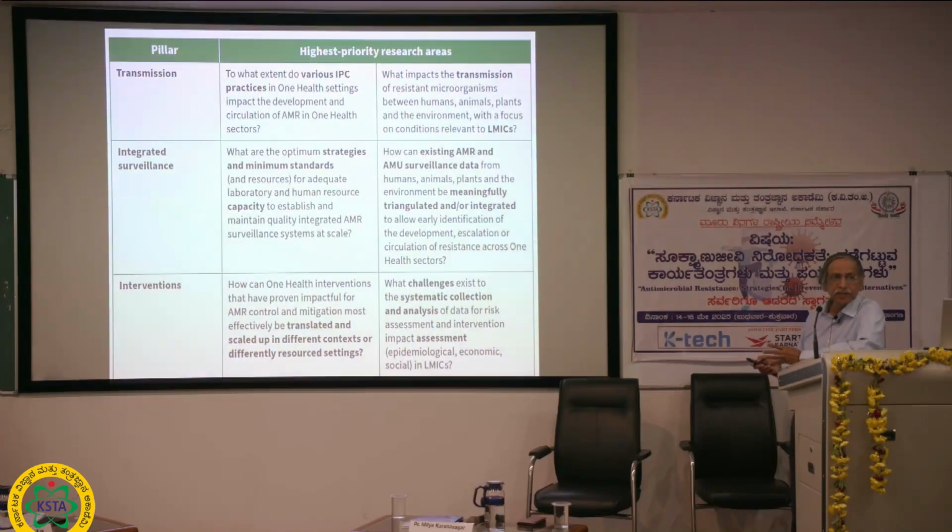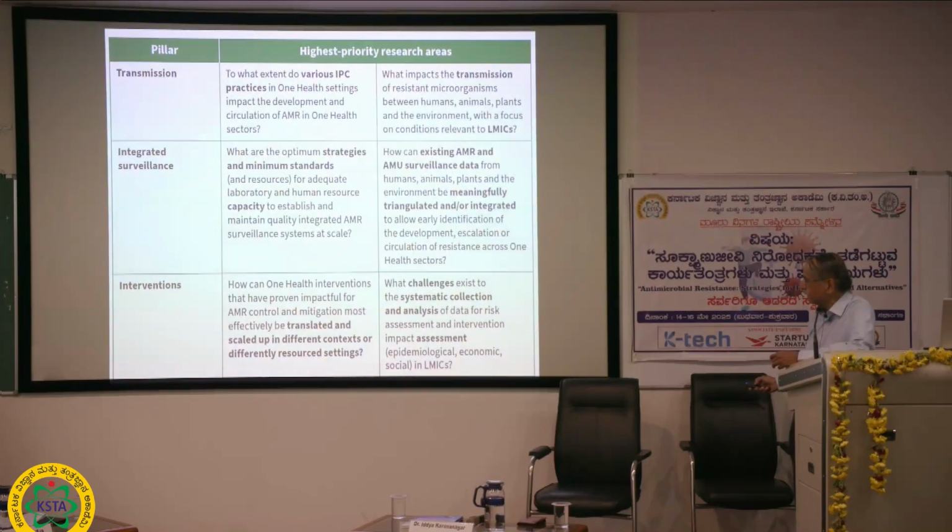So how can these interventions that have proven impactful be most effectively translated? Can we learn from the practices in one area or one country and scale up in different contexts or different resource settings? And what challenges exist in systematic collection and analysis of data for risk assessment and intervention for impact assessment?